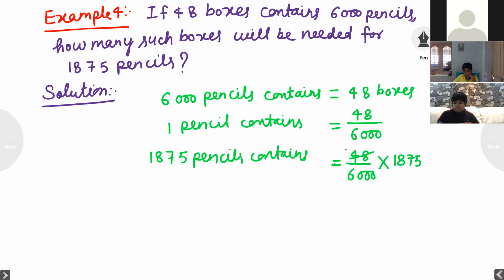Forty-eight ones are 48. 6,000 divided by 48 is 125. Then 1,875 divided by 125 is equal to 15 boxes.